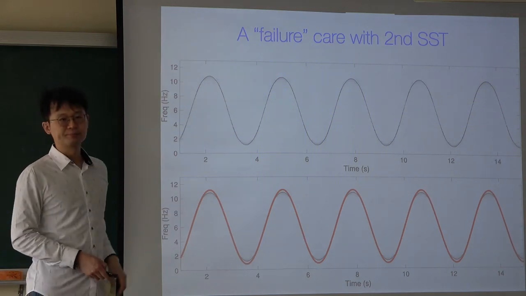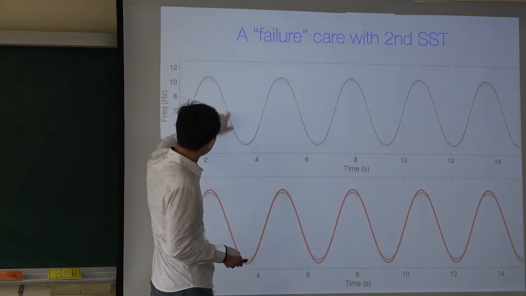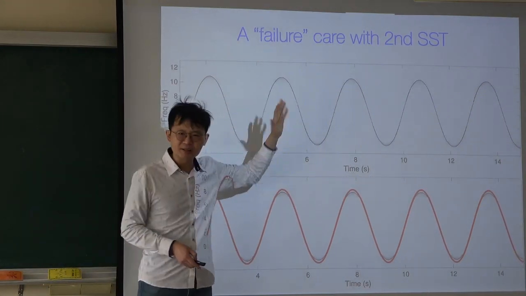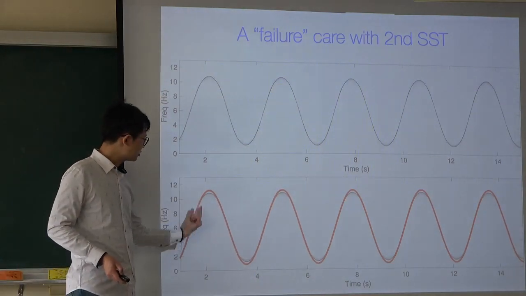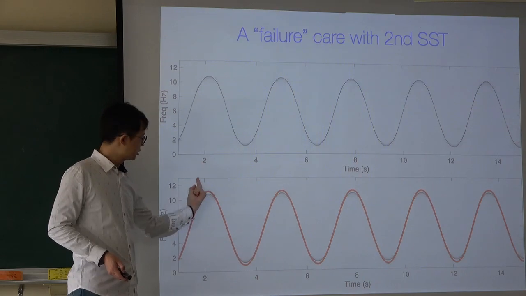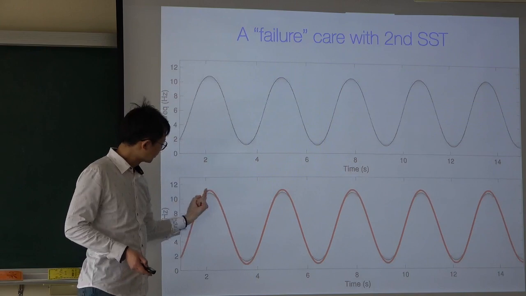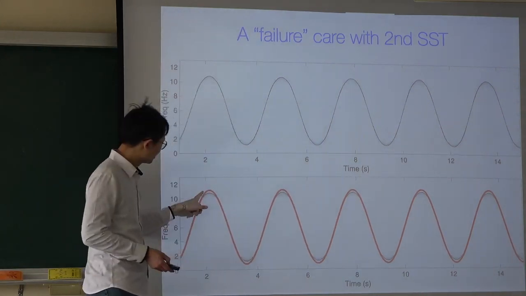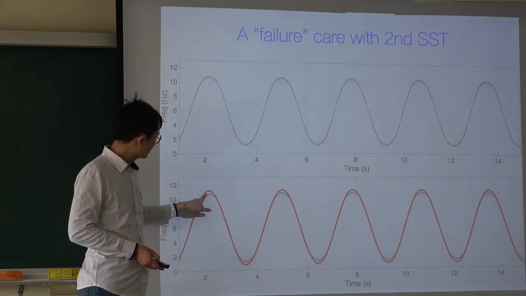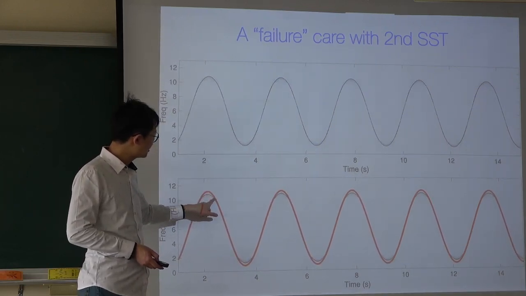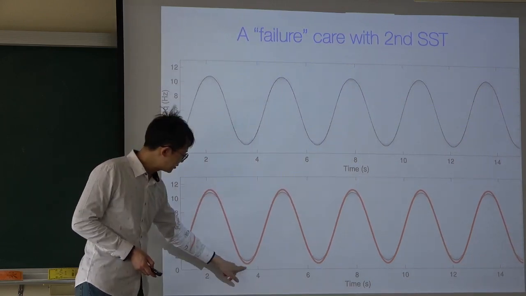Now, this is the result. This is the synchrosqueezing transform, which you may say looks very nice, isn't it? It's very concentrated, and what's wrong with it? Yes, it is wrong in the following sense. Over this region in particular, when the cosine function achieves the maximum or the minimum, you can see the red line is the ground truth, but the concentrated or squeezed curve is somehow a bit underestimated.